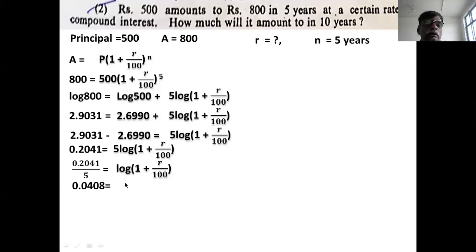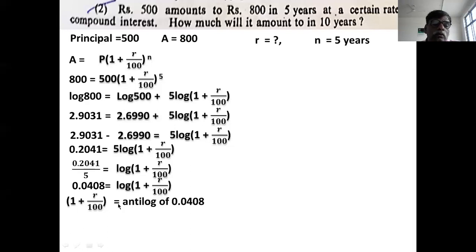Its value is equal to log of 1 plus R by 100. So you see the anti-log for this. 1 plus R by 100 is equal to the anti-log of 0.0408, which is 1.098.